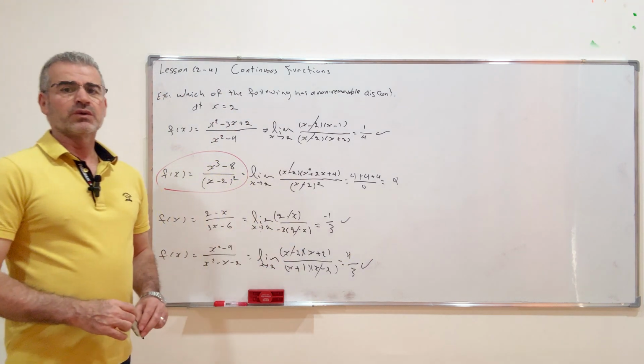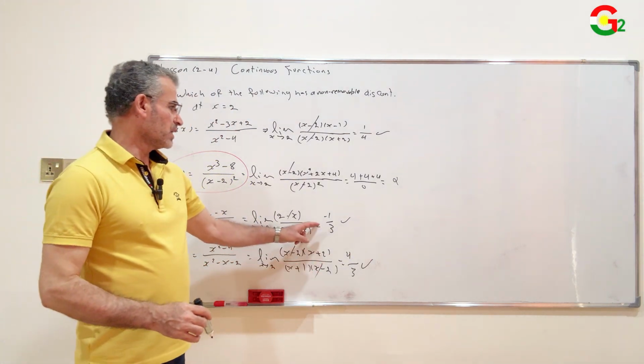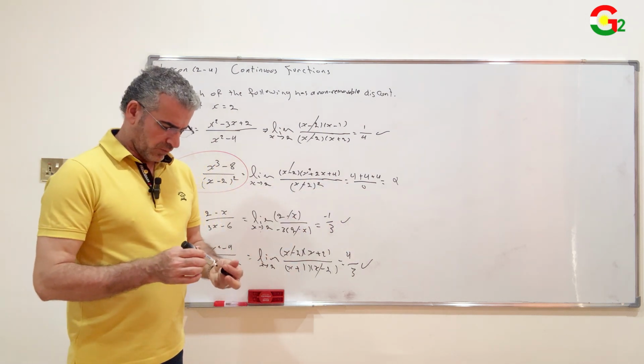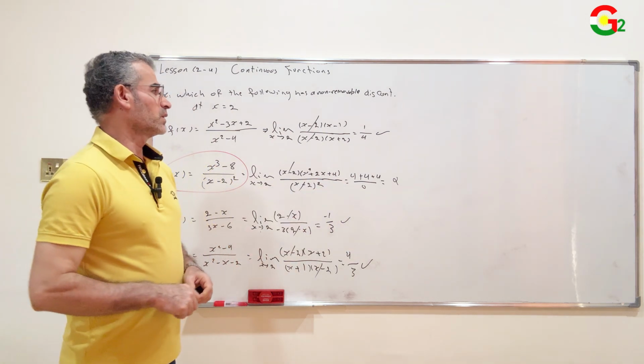Also, this discontinuity is removable because the limit exists, but the second function is not removable because the limit does not exist.